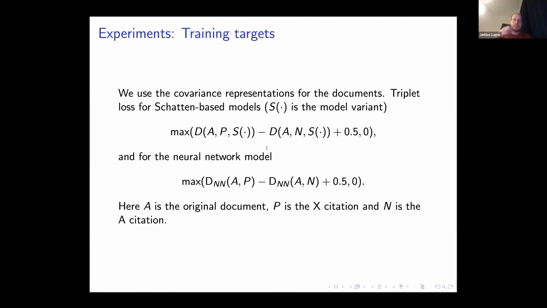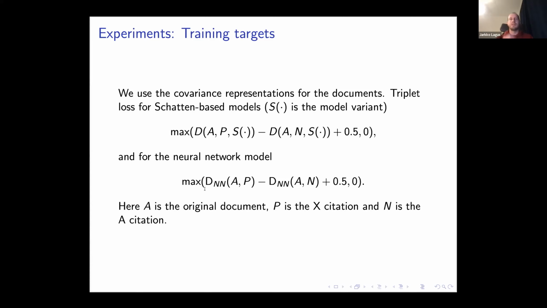So to learn this kind of differentiation, since this is essentially a ranking problem, we take those previously mentioned covariance representations and input them into the triplet loss. We're using these similarity models that we defined previously. So S is now any of those similarity models mentioned before, or in the case of the neural network, then it's just the neural network in replacement of the other similarity models.